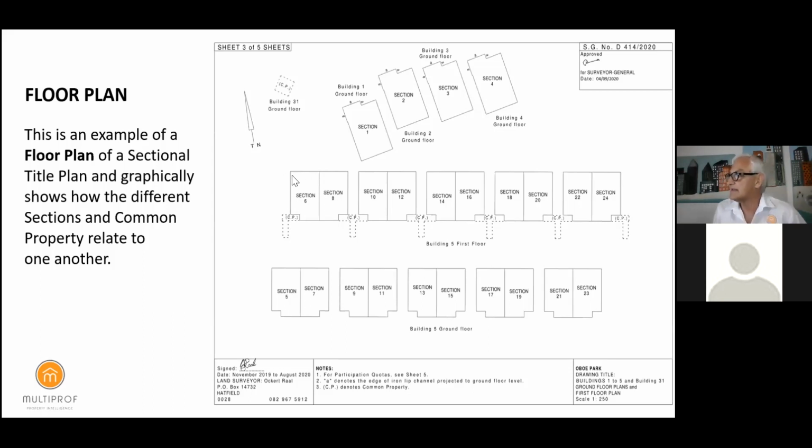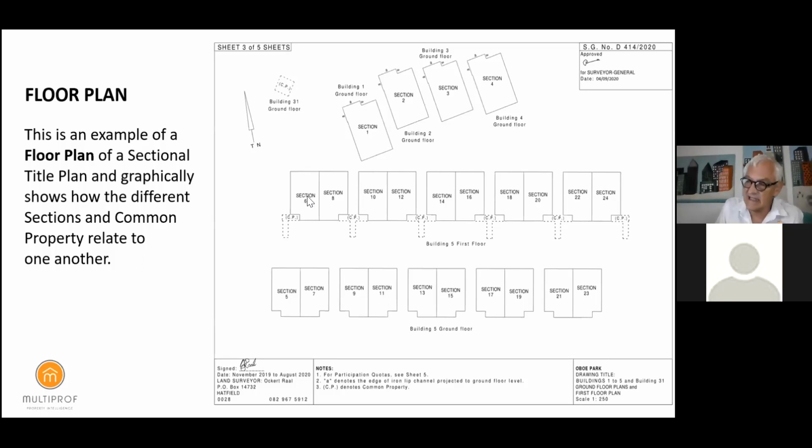If there's a garden attached to it, if there's lapas attached to it, if there is Wendy houses attached to it, and it is not indicated on the sectional title plan, or some exclusive use areas are indicated, you can only offer what is indicated on the floor plan of the sectional title plan to your potential buyer.